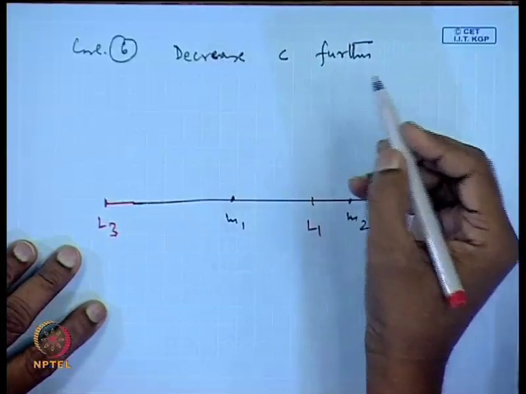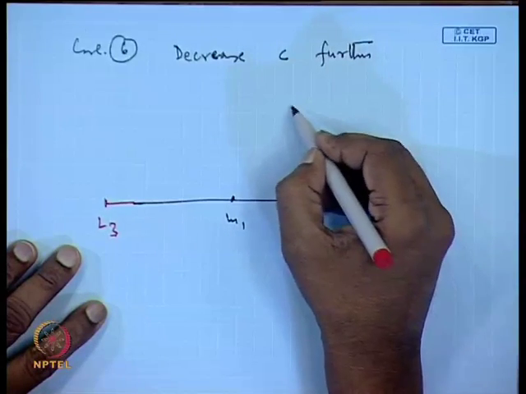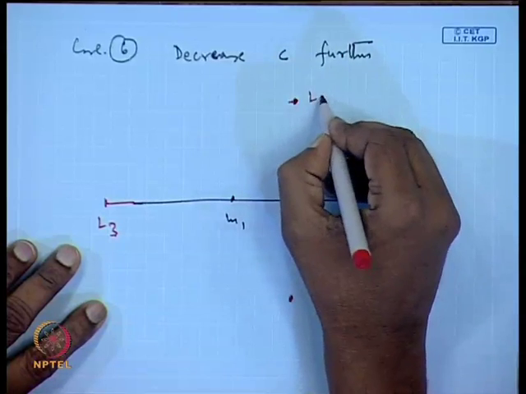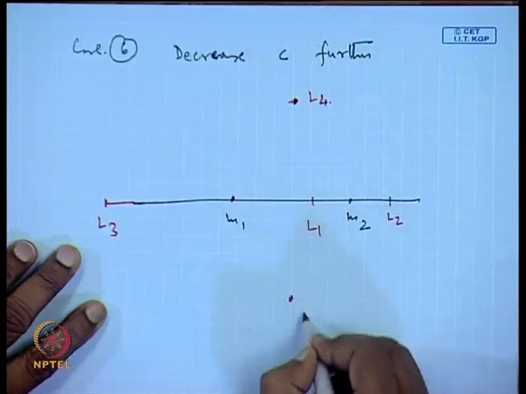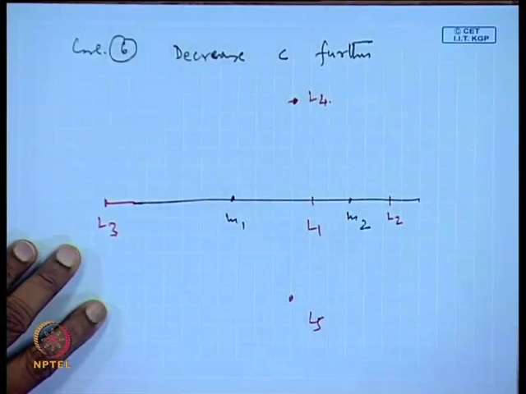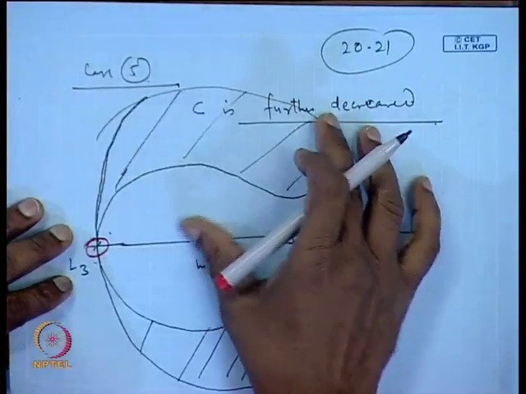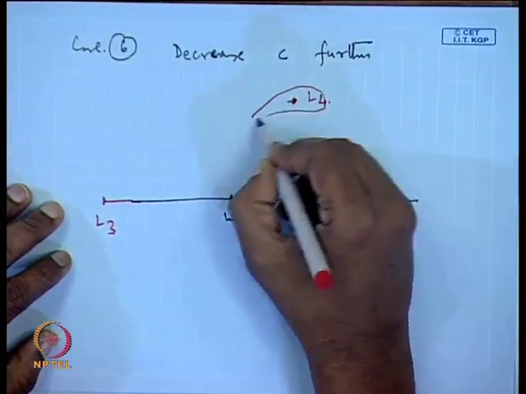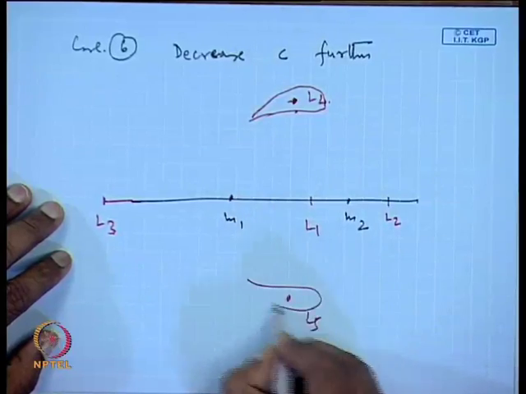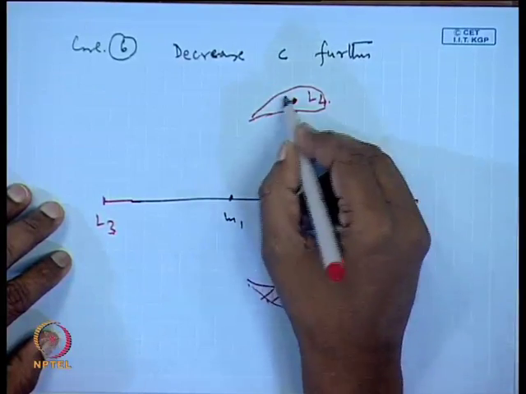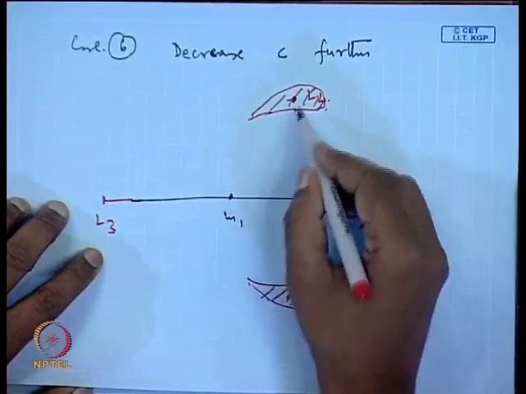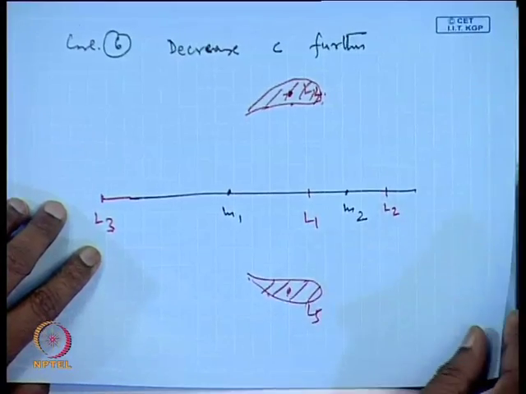L4 and L5 are lying somewhere here, which still have not developed. The region shrinks into this kind of pattern. This region still remains prohibited, where the L4 and L5 points are lying inside.